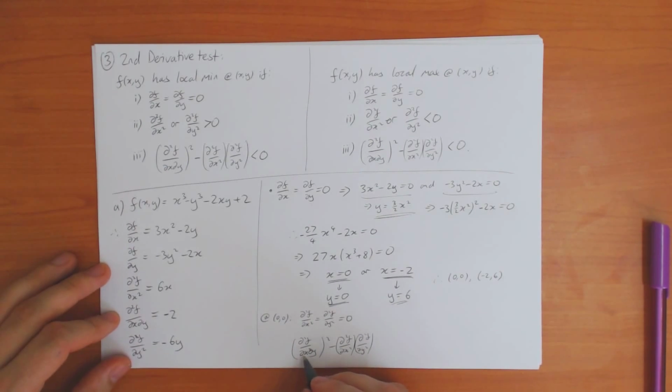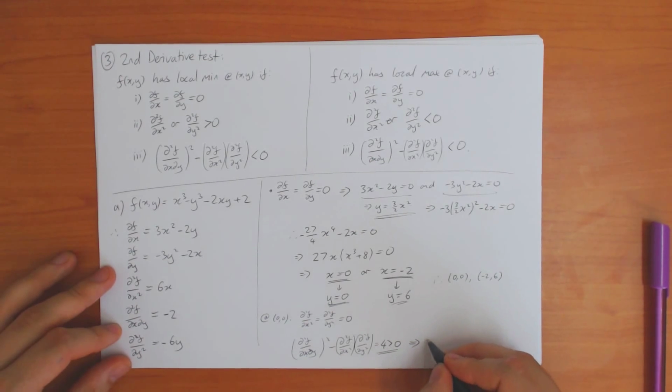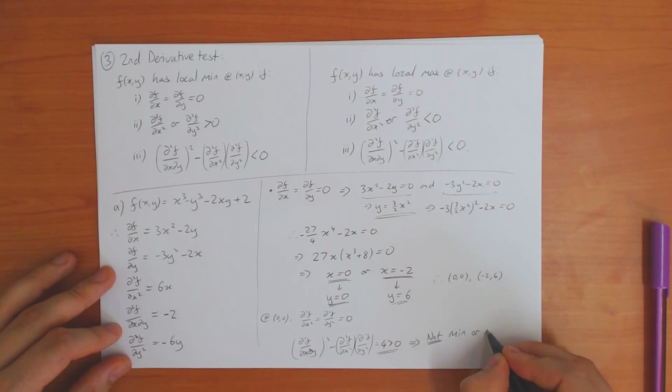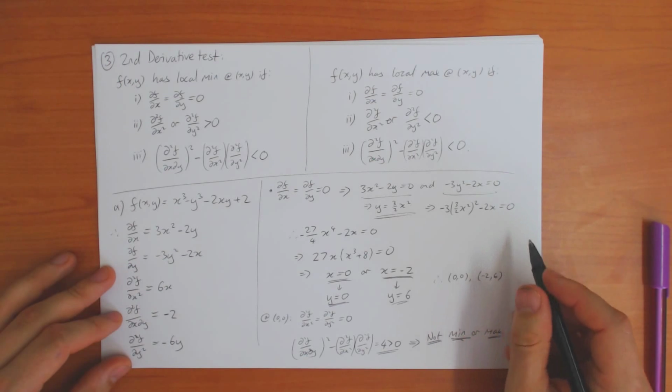These are 0. This one is minus 2, so this is 4, which is greater than 0. Okay, so therefore this is not a min or a max. So the only other possibility is going to be this one.